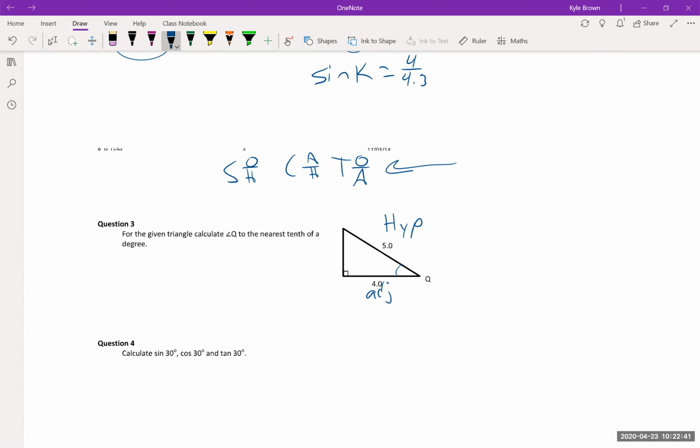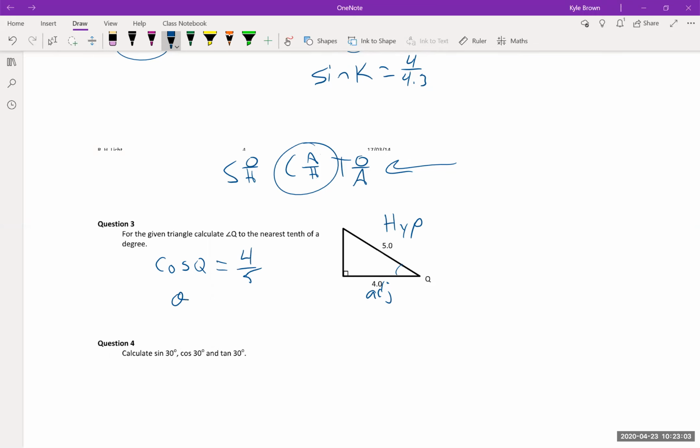I look up here and say, which of these deals with adjacent and hypotenuse? Well, this one does, right? Adjacent over hypotenuse. So that's cos. So I'm going to write cosine of Q is equal to adjacent over hypotenuse, so that would be 4 over 5.